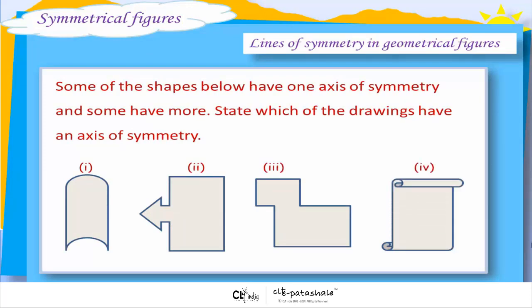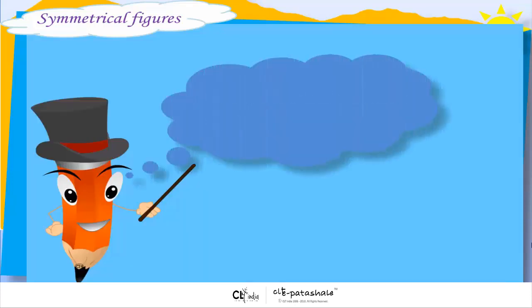Some of the shapes below have one axis of symmetry and some have more. State which of the drawings have an axis of symmetry. Let us check the axis of symmetry one by one.